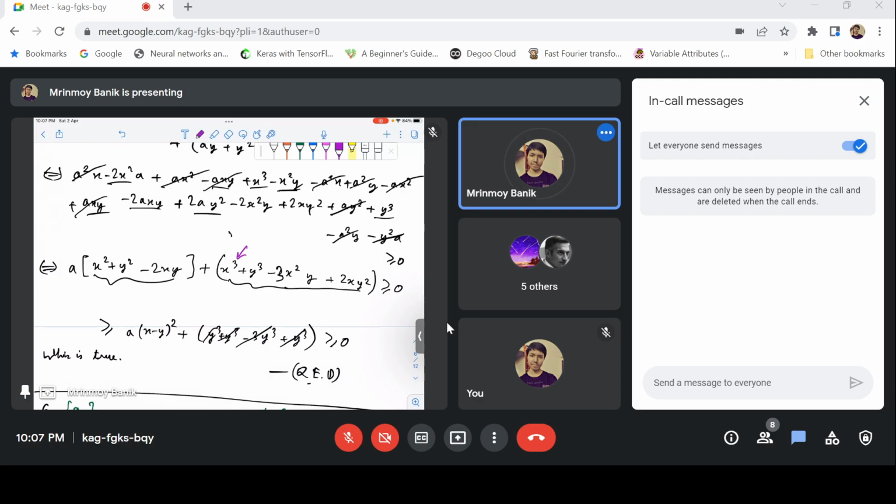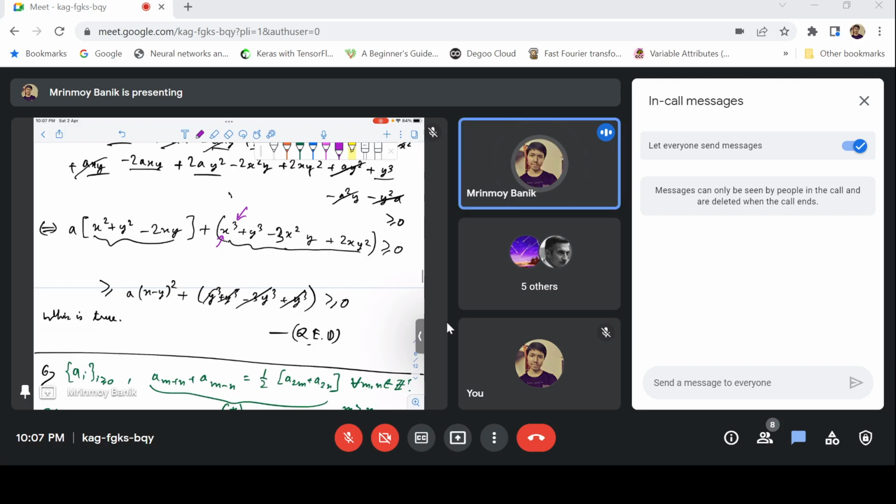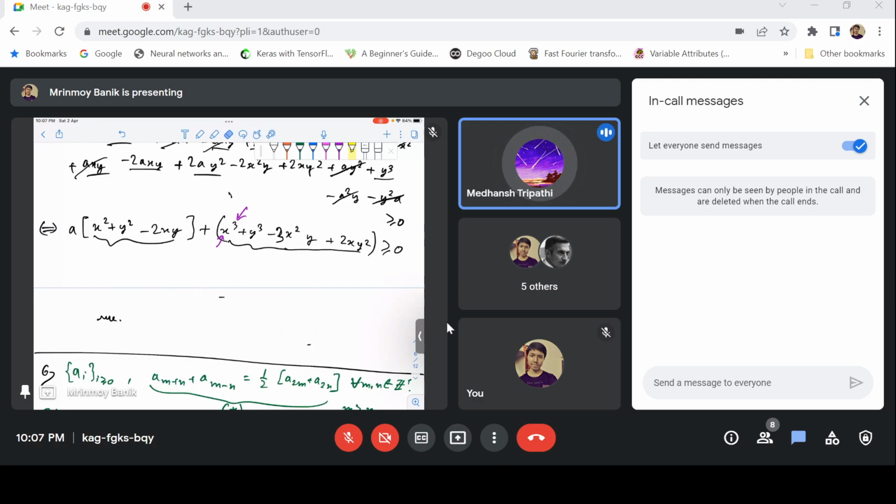I think we have a different approach. I mean, we can break 2xy squared into xy squared plus xy squared, right? I'm not saying x cube plus y cube.